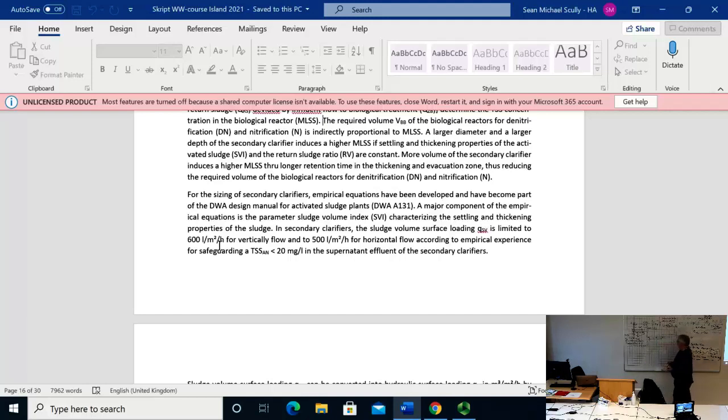This is our capacity. If you divide 500 by 5.5, you get 91, and the liter sludge cuts out, the hour cuts out, and you are left with square meters per PE.